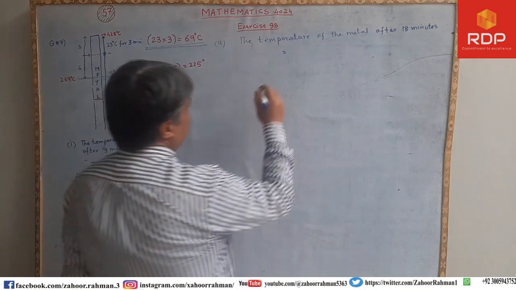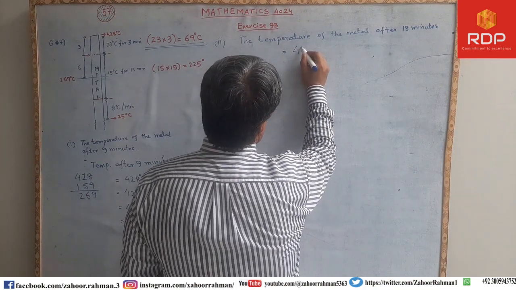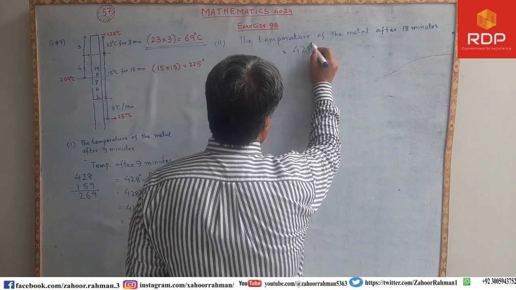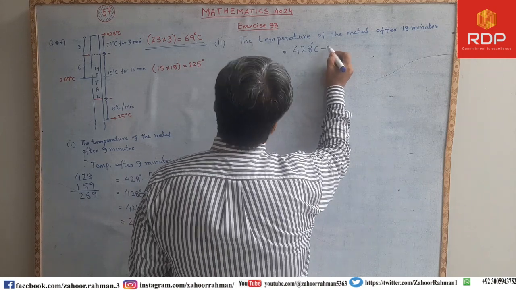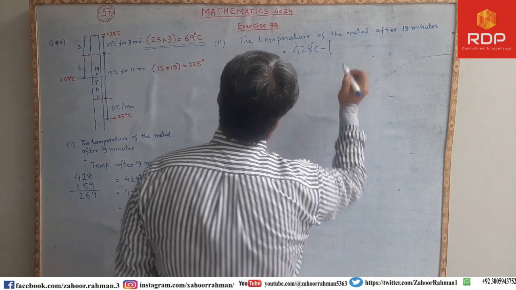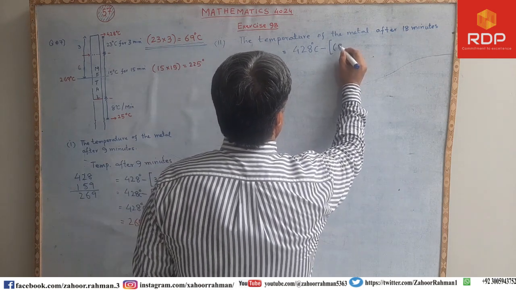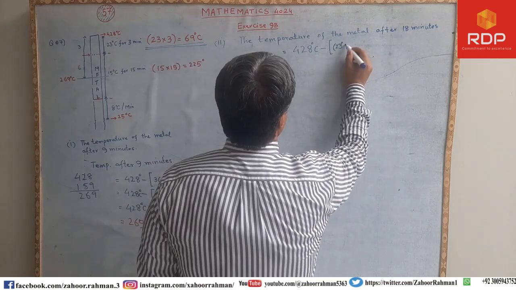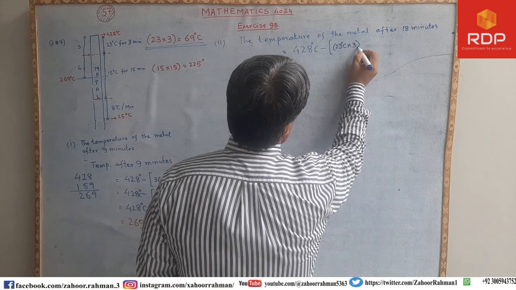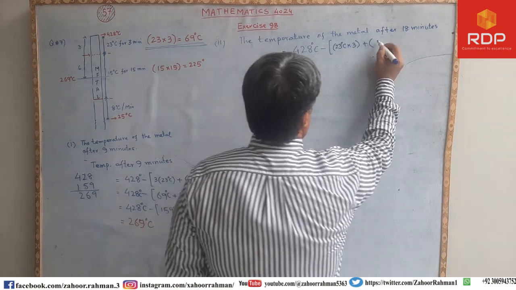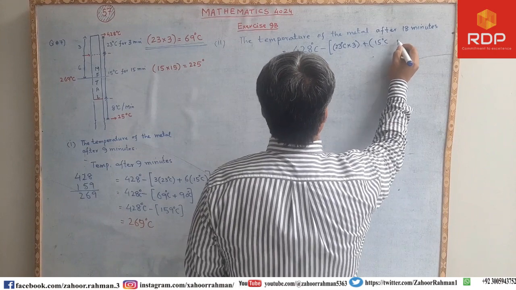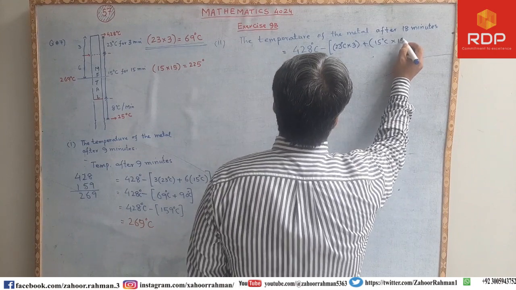So let us see, first it is 428 degrees Celsius subtracted by 23 degrees Celsius times 3 plus 15 degrees Celsius multiplied by 15.